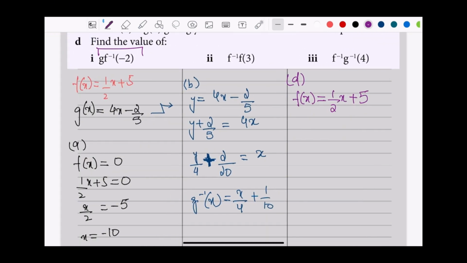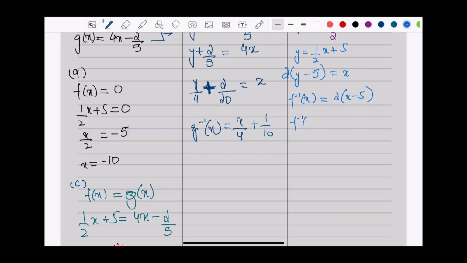So finding f inverse, y equals 1 over 2x plus 5 and y minus 5 times 2 equals x. And you can write this as f inverse of x equals 2 times x minus 5. You have to find out the value of f inverse of negative 2 first.